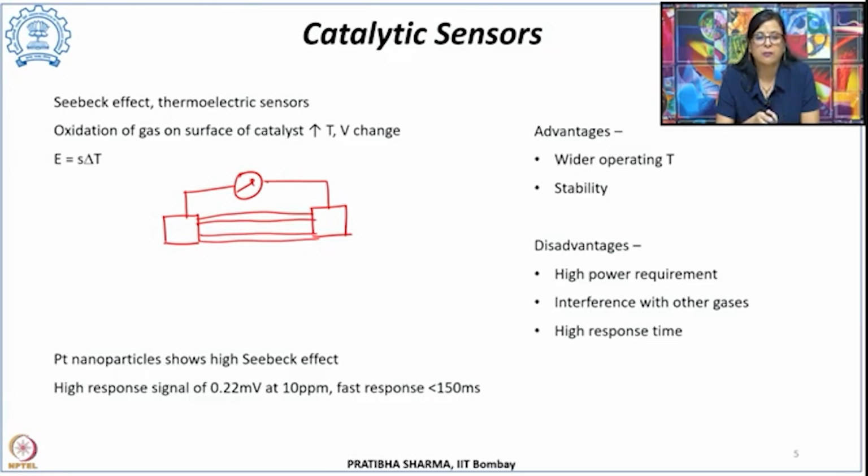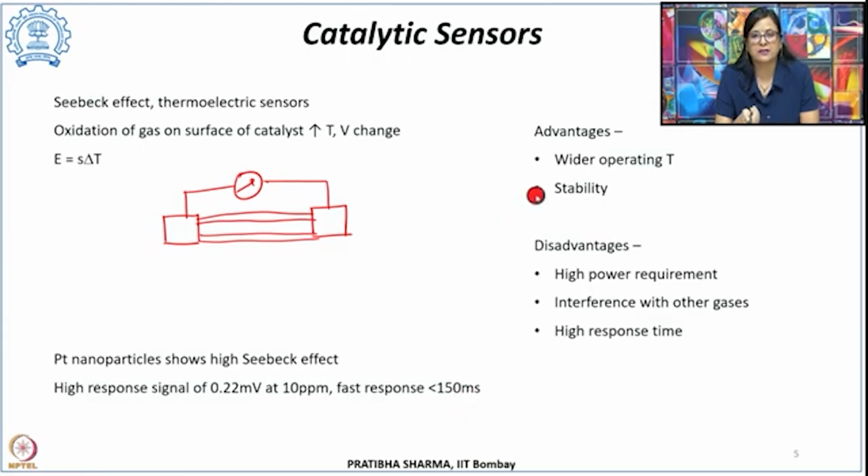Now there could be different materials, like even the platinum nanoparticles, which have been studied for such catalytic sensors, and they have shown a high Seebeck effect. The response signal from these platinum nanoparticles was observed to be 0.22 millivolt at 10 ppm, and also a faster response of less than 150 milliseconds.